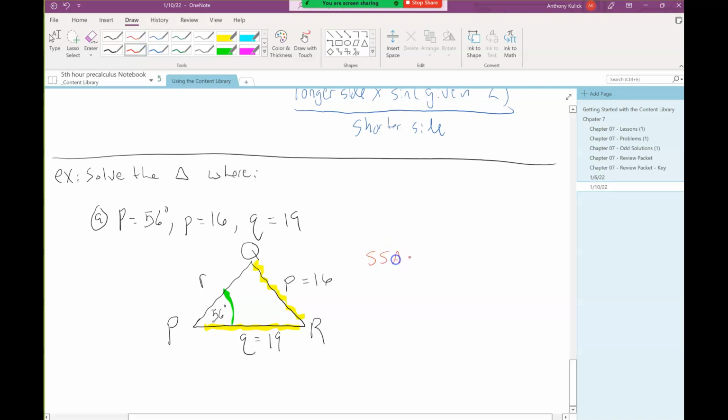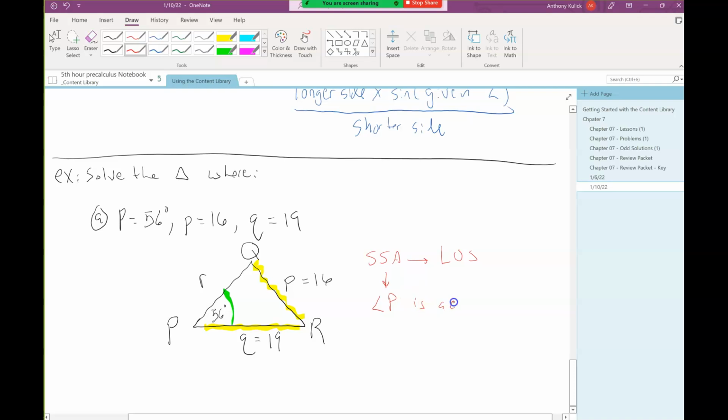Okay. So the first thing is I note that I'm going to be using the law of sines for that. But the SSA situation I have to do some more analysis on. The next thing I want to do is look at the size of that given angle. So my given angle is this angle P. Is that obtuse or acute?